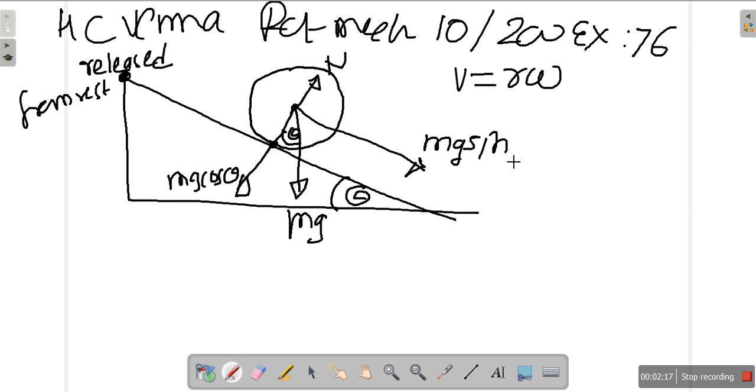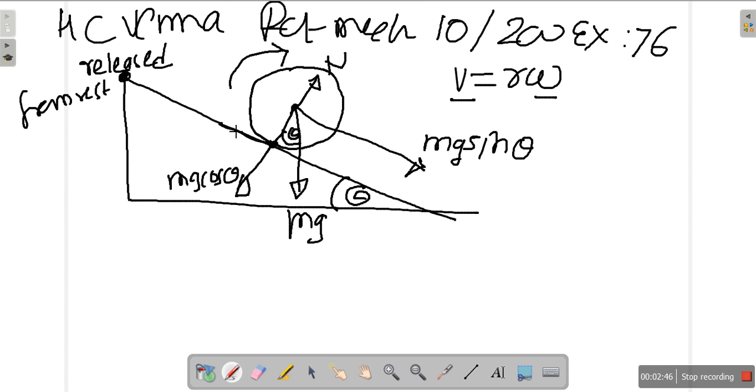So this particular component of force, mg sin theta, will continuously increase the velocity v, and therefore as v increases, omega also must increase to maintain the relationship v equal to r omega at any instant. For omega to increase, there has to be a rotational torque, and as the sphere is rolling in this direction, the torque also must move in this direction, and this torque is provided by the frictional force.